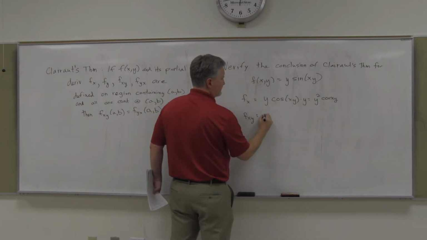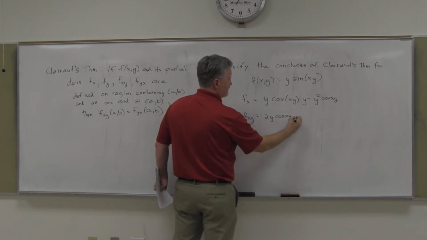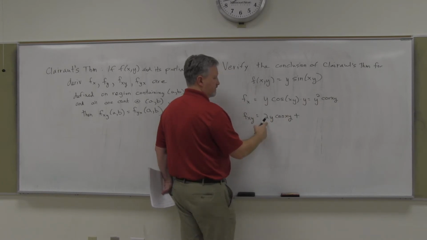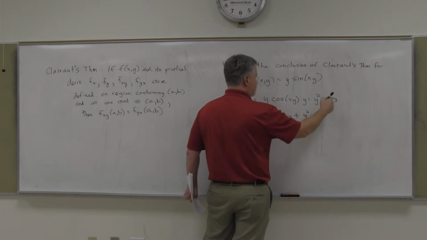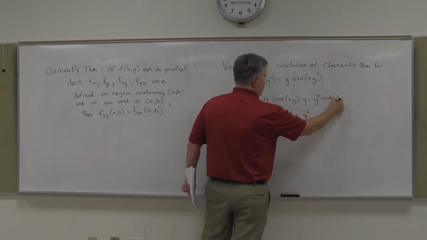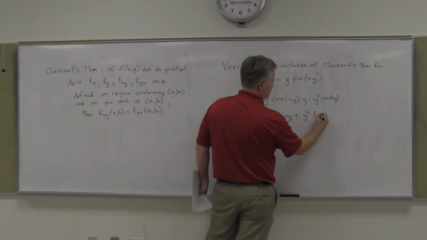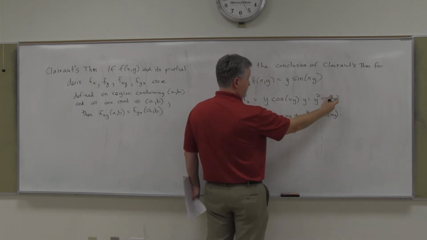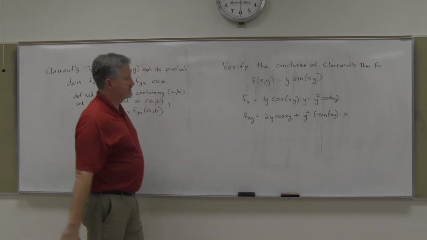Well, that's a product rule, so we got 2y times cosine of xy plus, reversing it, y squared times the partial of that with respect to y, so that'd be a negative sine, sine stays the same, times the inside with respect to y, which would be x. x is fixed.